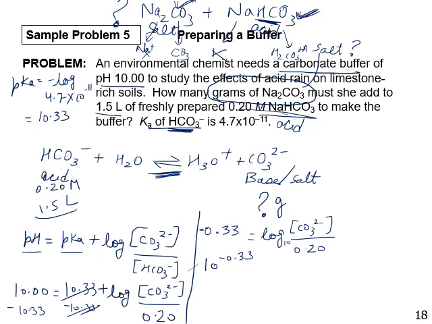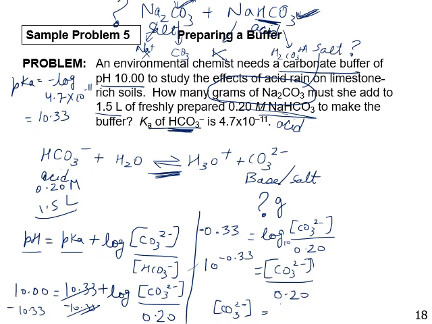Equals, when you take 10 raised to the power of this, that would get rid of the log, and what you're left with is carbonate over 0.20. So what is my carbonate? CO3 2 minus is going to be 10 to the power of negative 0.33 multiplied by 0.20.